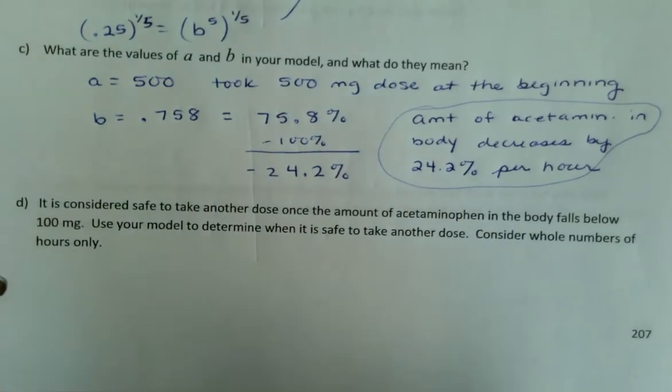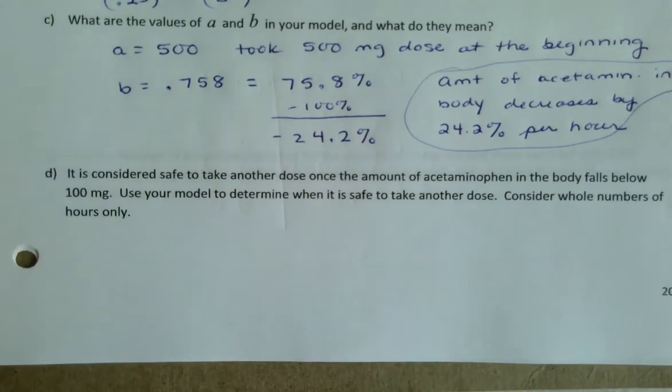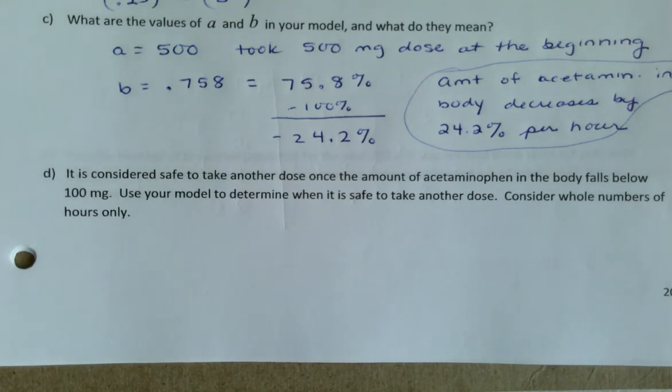All right, the last part of this, it's considered safe to take another dose once the amount of acetaminophen in the body falls below 100 milligrams. Use our model to determine when it's safe to take another dose. And it says we can consider whole numbers of hours only, so we'll round to the nearest whole hour.